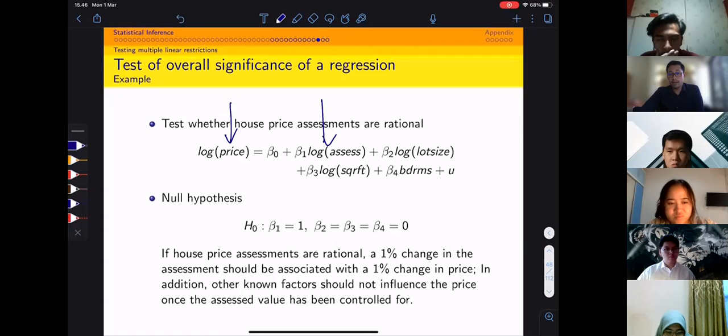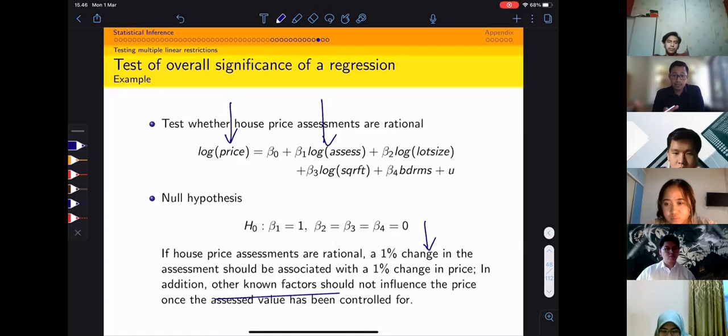Okay, so if the price assessment is rational, it means that a 1% change in the assessment should be associated with a 1% change in price, okay? And if the assessment is rational, it means that other known factors should not influence the price conditional on the assessed value.